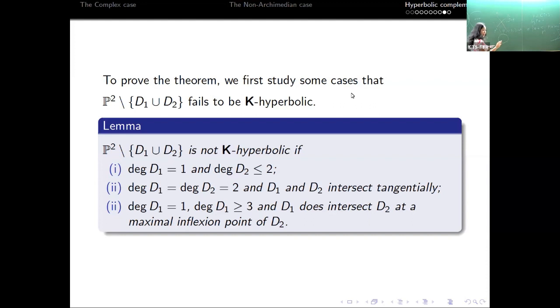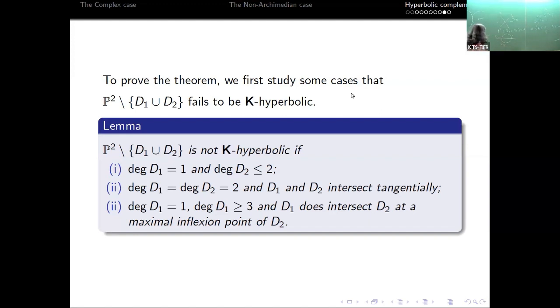And there are 2 ways. The line D1 here either intersects D2 in 2 points, so we can also take a map such that the image of F lies on the tangent going to the intersection point here.